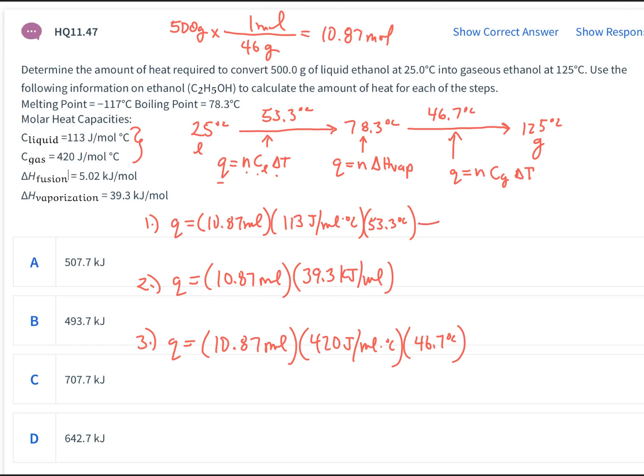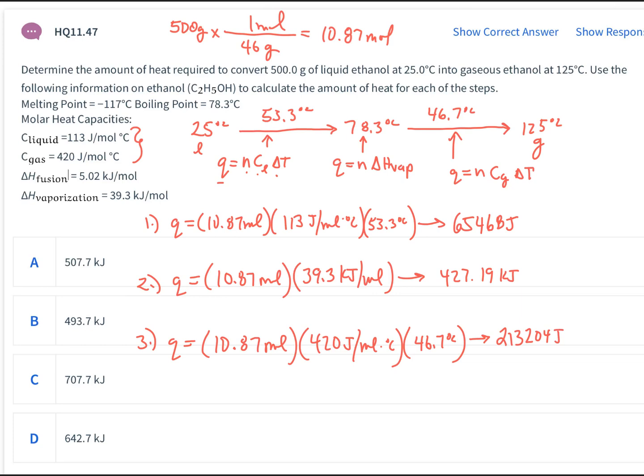So multiply all three of those, work through all three of those, and I get approximately 65,468 joules for step 1. I get approximately 427.19 kilojoules for step 2, and then step 3 I multiply through there and I get approximately 213,204 joules.